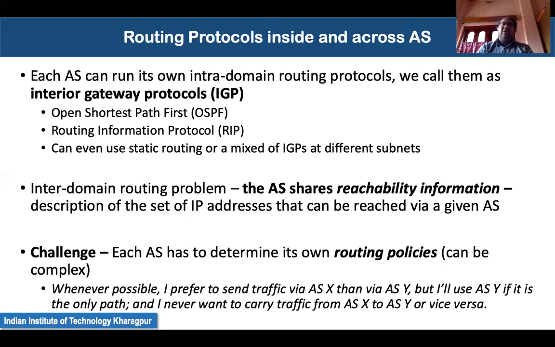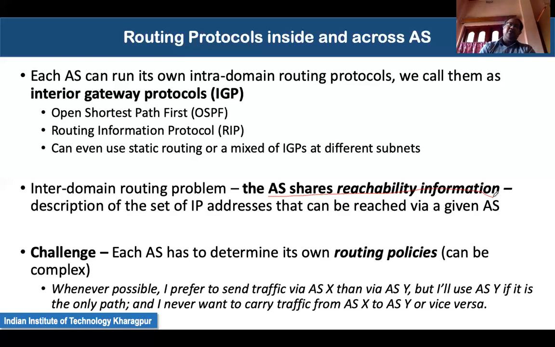Now, this inter-domain routing problem is such that the autonomous systems share reachability information. So what is reachability information? Reachability information basically says that autonomous system X is reachable via autonomous system Y. That means if you want to forward a packet to autonomous system X, you give it to autonomous system Y, and Y will in turn give it to autonomous system X. That we call reachability information.